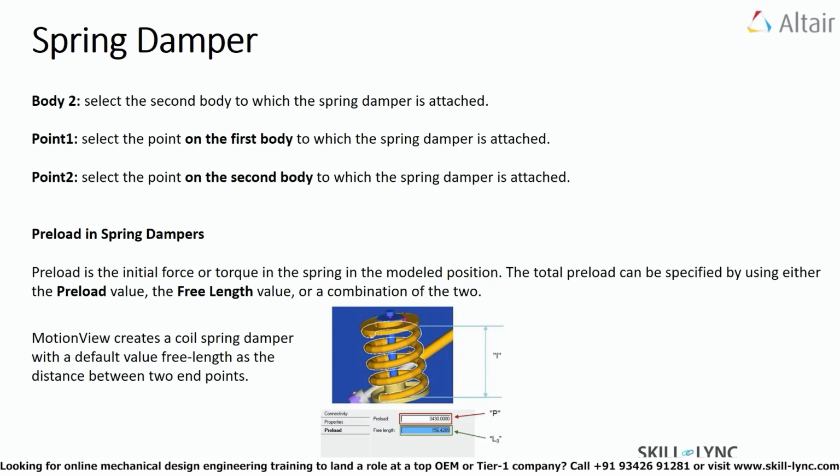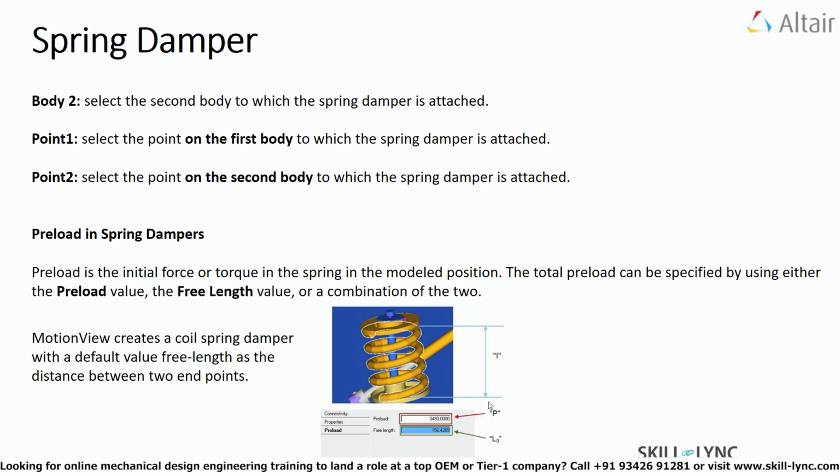Preload is basically the initial force or the torque in the spring in the model position. The total preload, which is FP, is given by this equation: FP is equal to P, which is the preload value, plus stiffness times the initial length minus the final length of the spring.